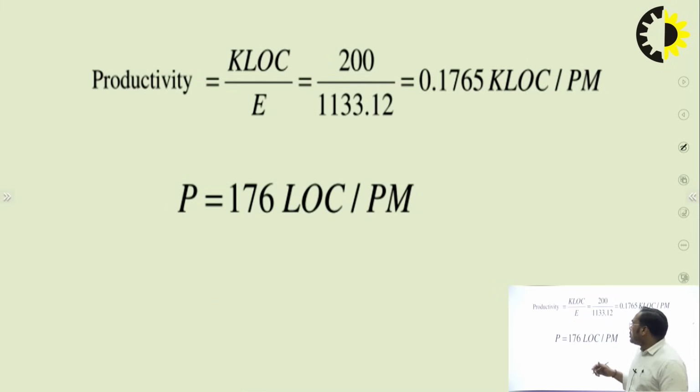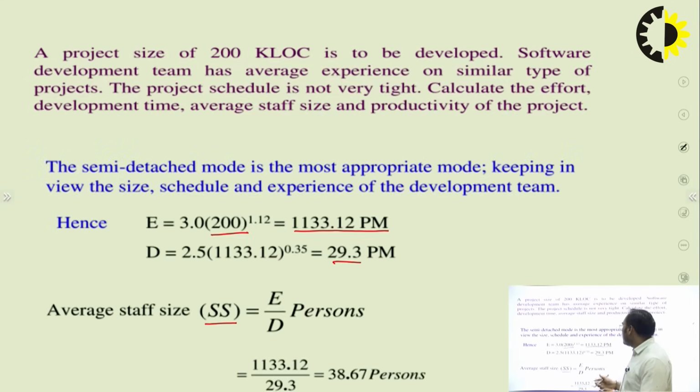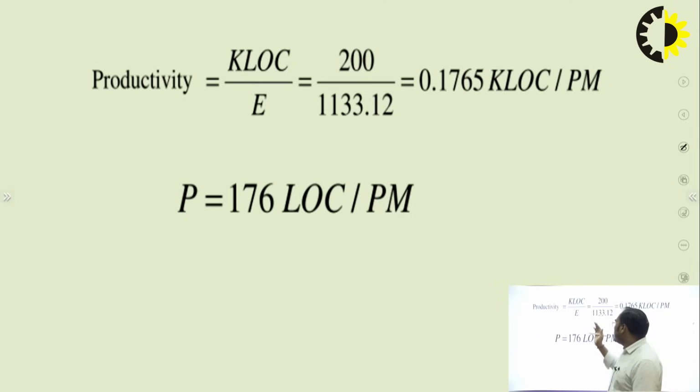So how will you calculate the productivity? Productivity is basically calculated by project size, that is KLOC, that is 1000 lines of code, divided by E. As you know, you have already calculated the value of E here. So by putting the value of project size and E, you can easily calculate the value of productivity.